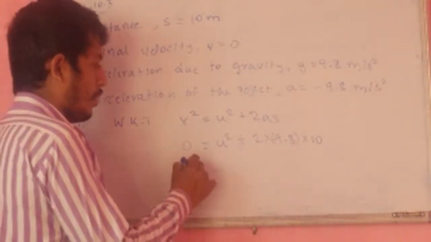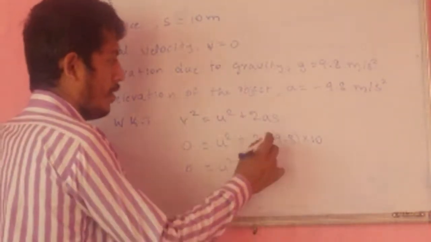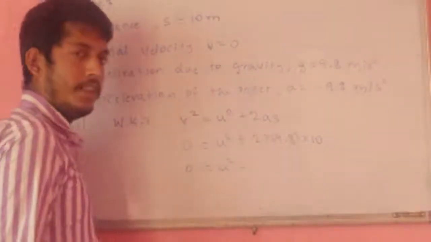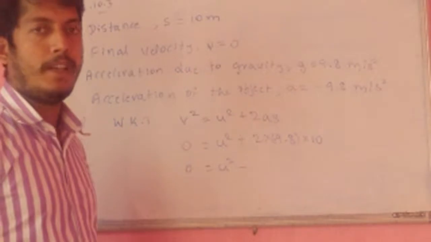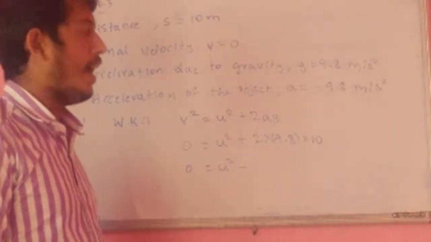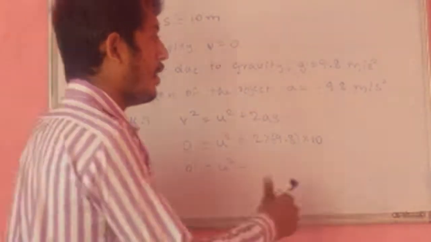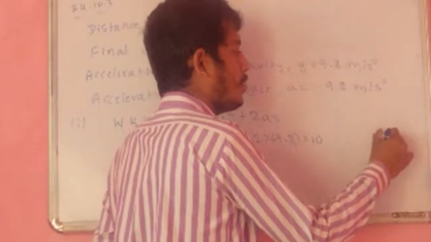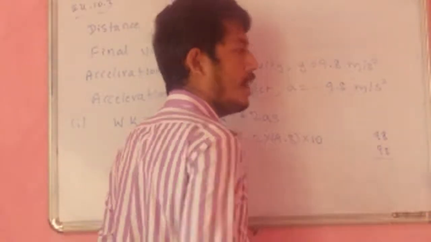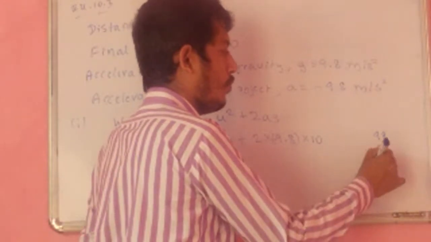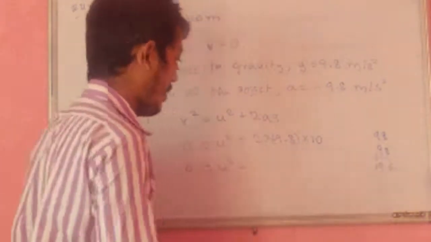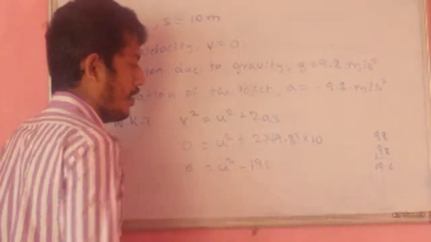So therefore 0 equals u square, plus into minus it becomes minus, 10 into 9.8 it becomes 98, and 98 into 2, that is 98 plus 98, which is 196.